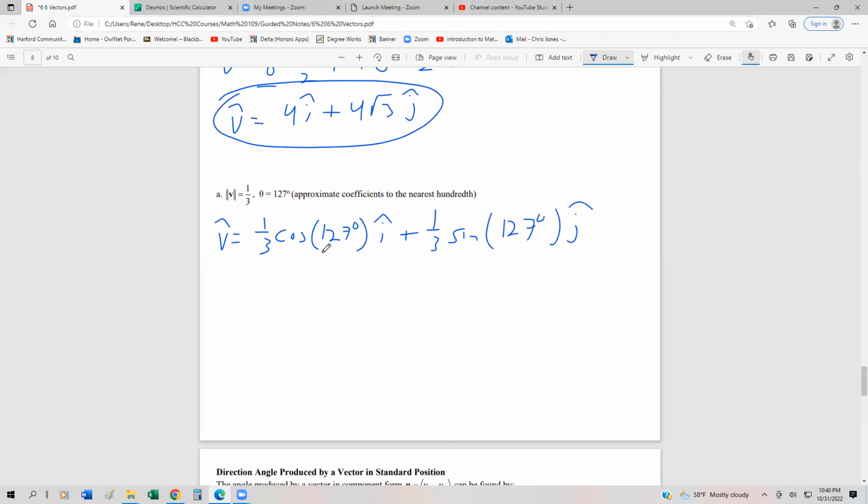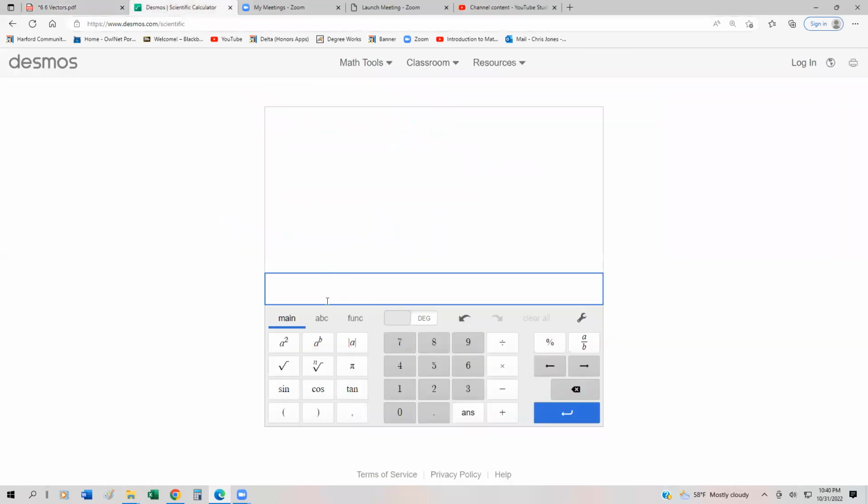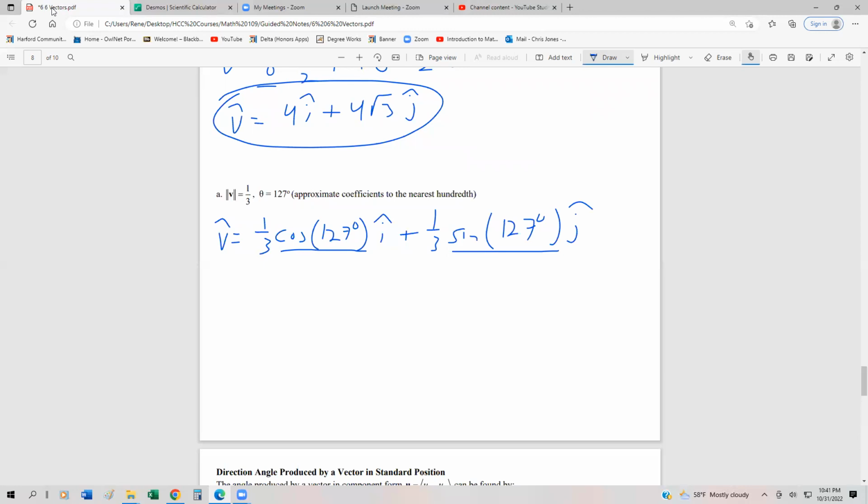Now, in our calculators, it says to approximate these values accurate to the nearest hundredth. So we're going to take 1/3 of the cosine of 127. That gives us negative 0.20, so that's going to be negative 0.20i.